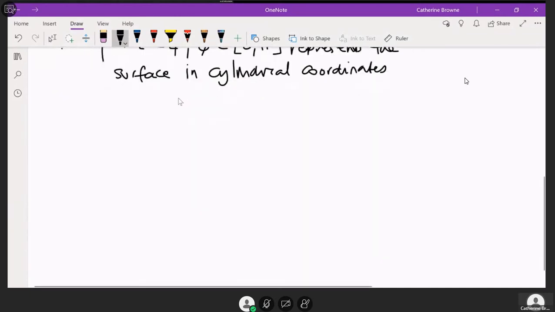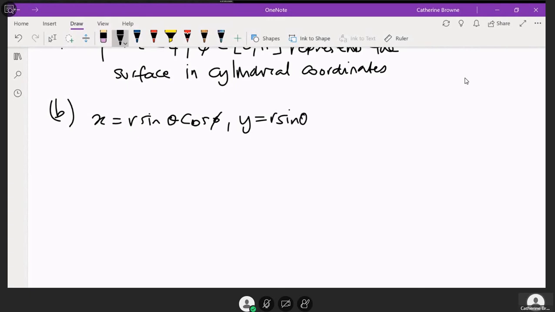Okay. And now in spherical coordinates, using the formulas that relate Cartesian to spherical, we get that x is r sine theta cos phi, y is r sine theta sine phi, and z is equal to r cos theta.